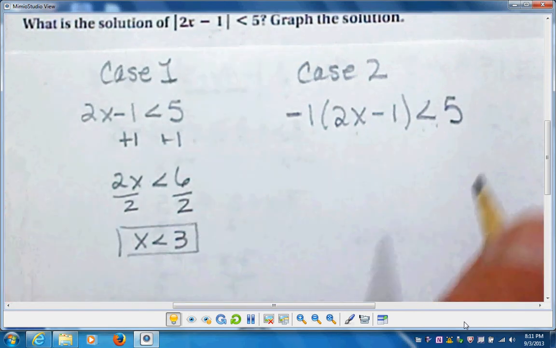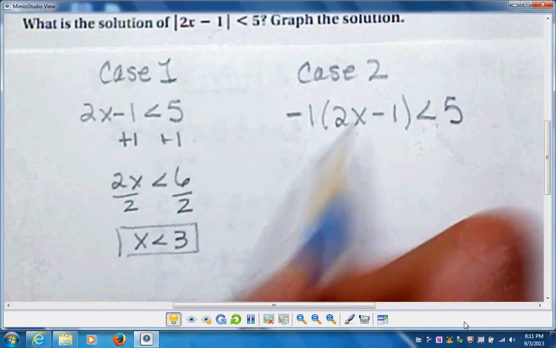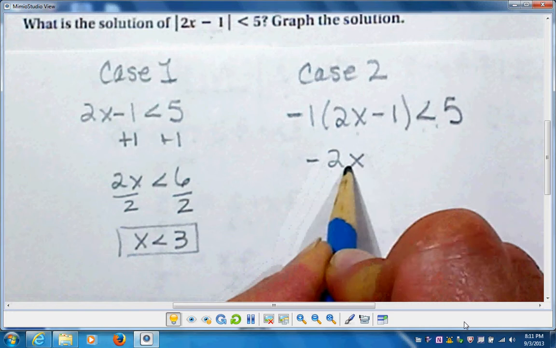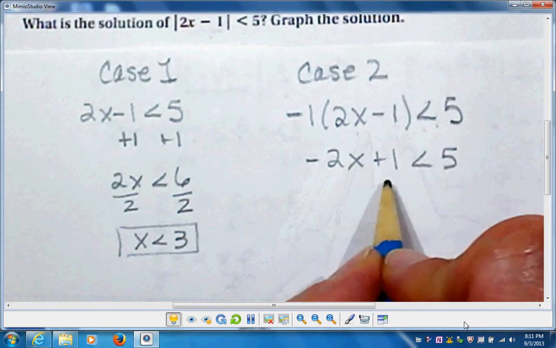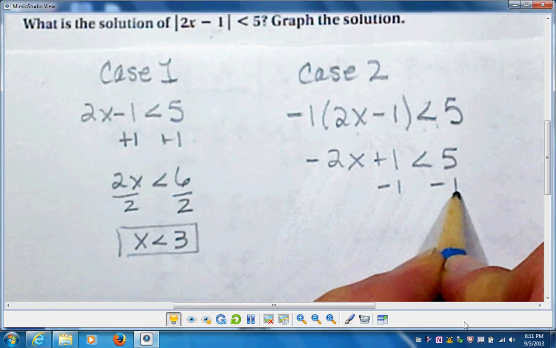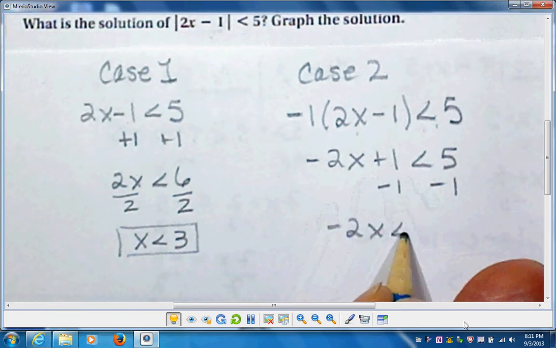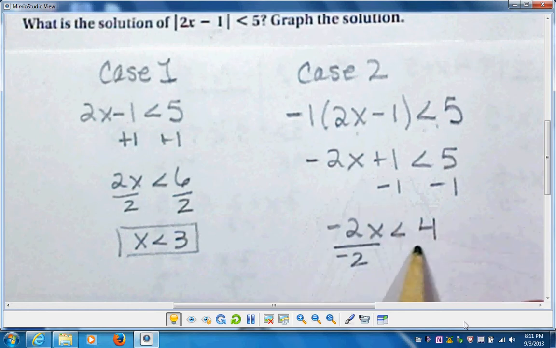On this side, I'm just going to distribute that negative in. So I get negative 2x plus 1 is less than 5. Subtract 1 on both sides, and I get negative 2x is less than 4. Divide both sides by negative 2.